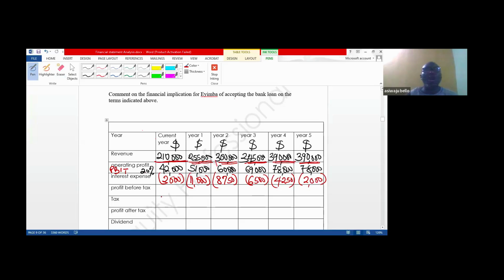Now you can get your profit after tax: profit before interest and tax minus the interest.